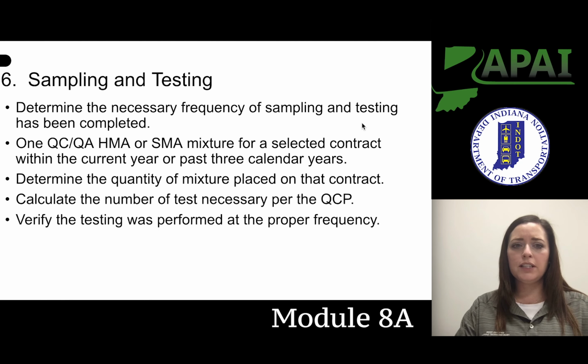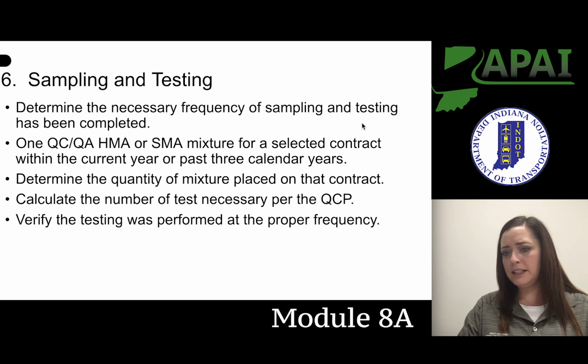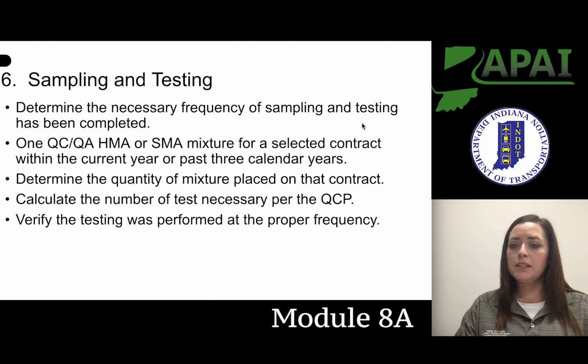Section 6 covers the sampling and testing of these materials. Again, you're looking at one mixture produced within that calendar year. So you're looking at the necessary frequency and sampling of testing that has been completed. Some of the tests that are included are for the quality control itself, so anything tested at the plant outside of what a QC/QA mixture will have for plate sampling.